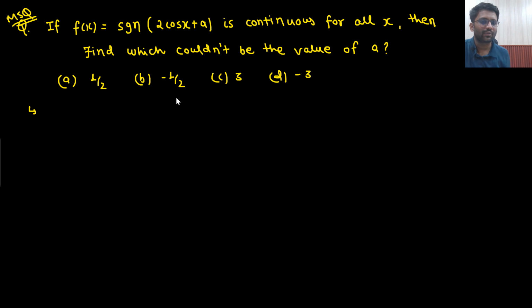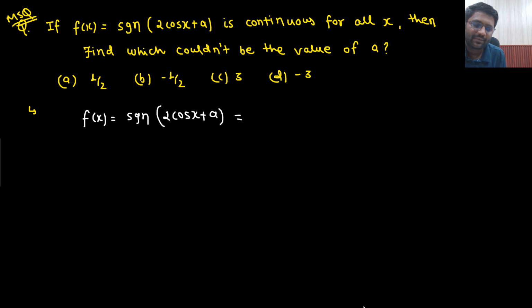So it is an MSQ type of question. You need to find out: if f(x) equals signum of 2 cos x plus a is continuous for all x, then find out which couldn't be the value of a. That means out of these 4 options, which is not a possible value of a. This is what they are asking. So our function is signum of 2 cos x plus a.